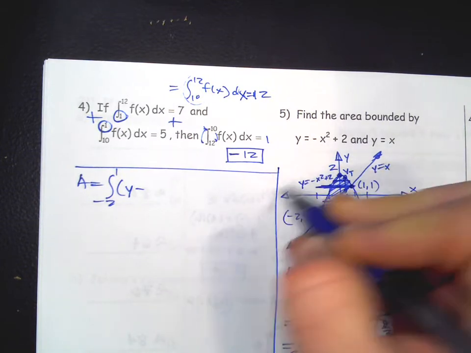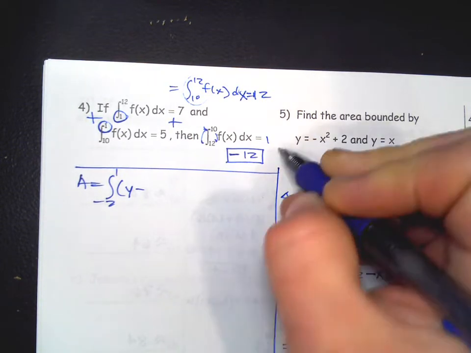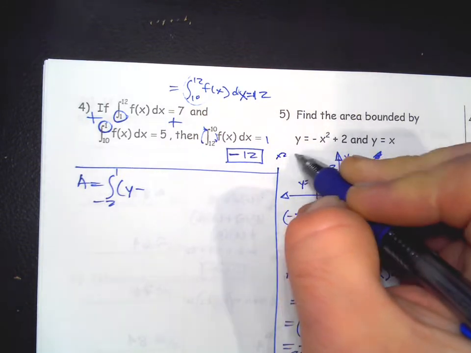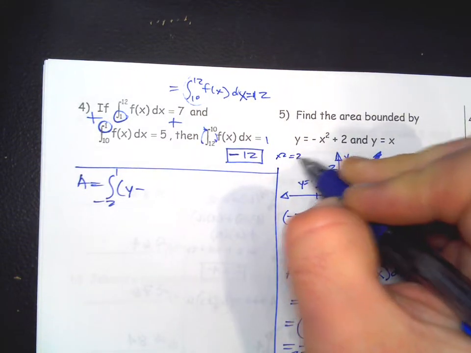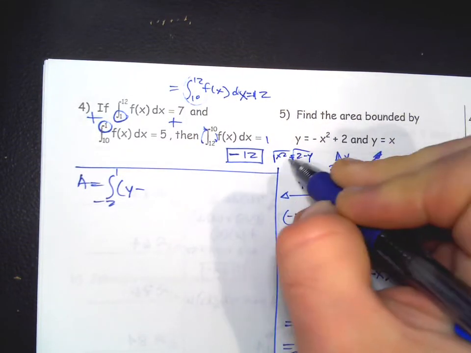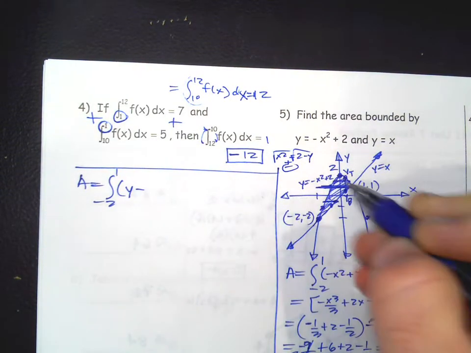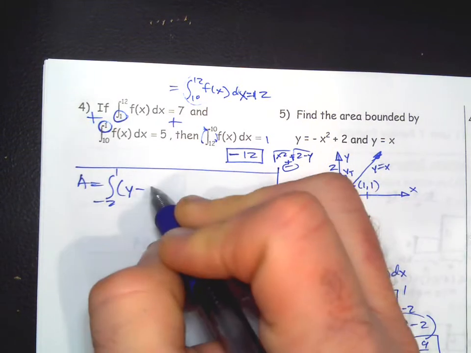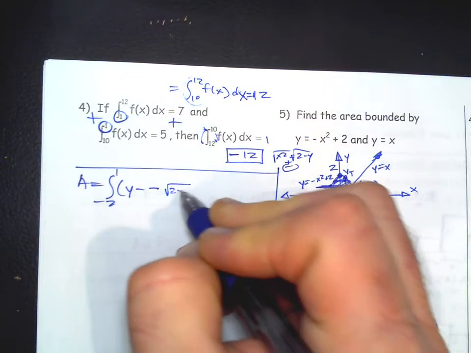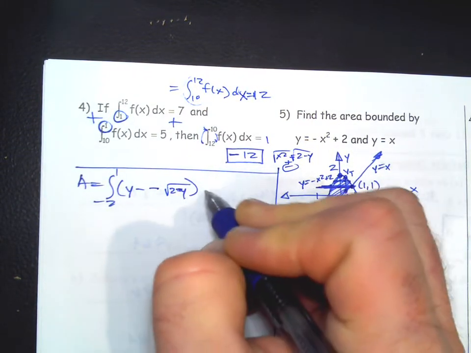So it's going to be x squared equals 2 minus y, square root of both sides, plus or minus. It's actually the minus because this is the left side of the parabola. So it's negative square root of 2 minus y, dy.